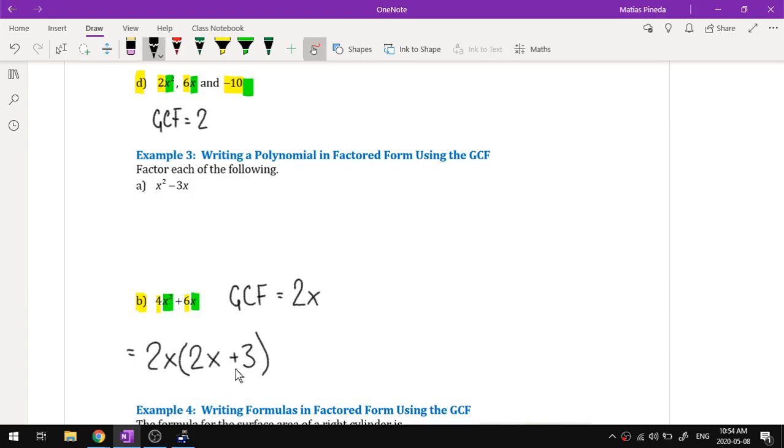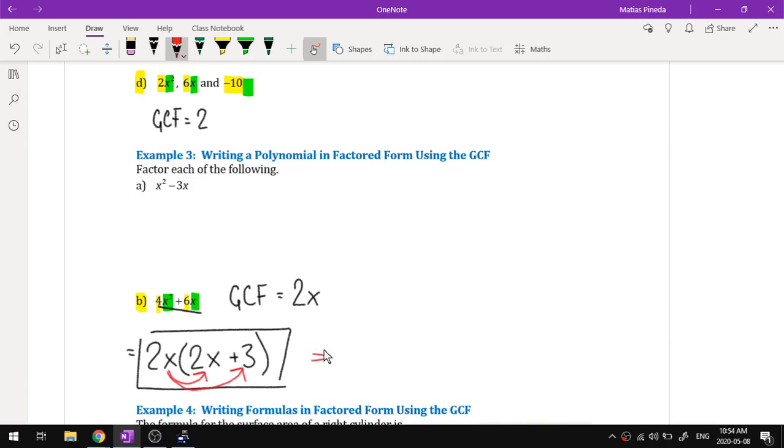It is a good idea anytime you factor polynomials to check your answer by going backwards. So this is our answer, but if we expand this, we should get the original expression back. So the way to expand this would be to apply the distributive property, so multiplying this back into the bracket.